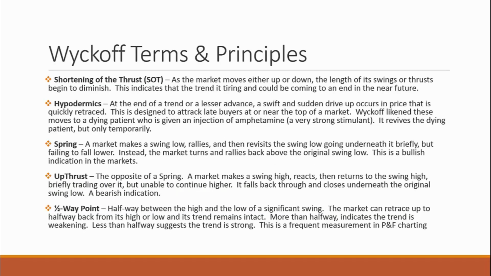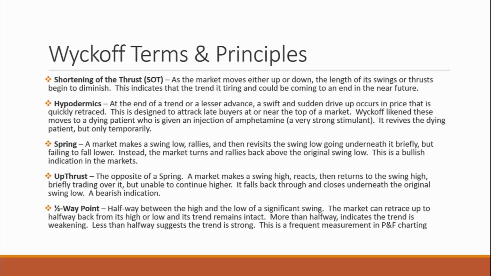Shortening of the thrust. We certainly mentioned this. As the market moves either up or down, the length of its swings or thrusts begins to diminish. This is what we're looking for. We're always measuring the length of the swings or the thrusts, if you will, in a market movement.